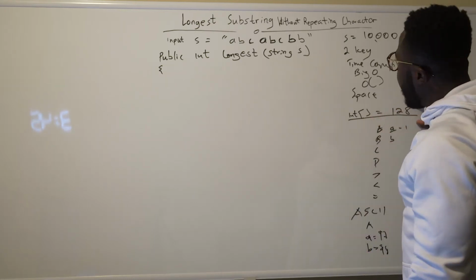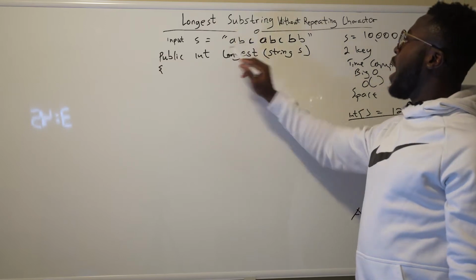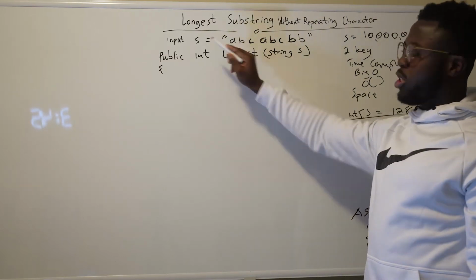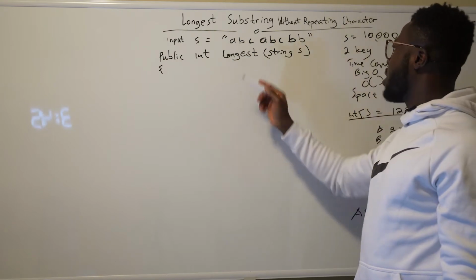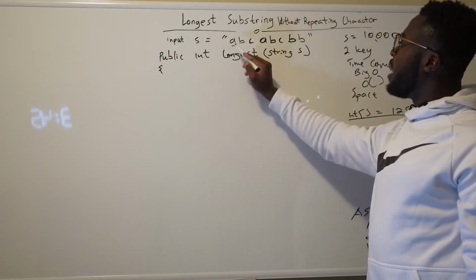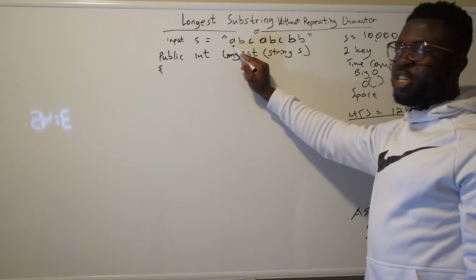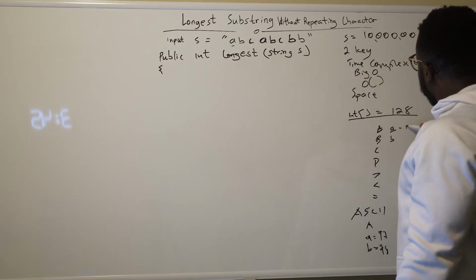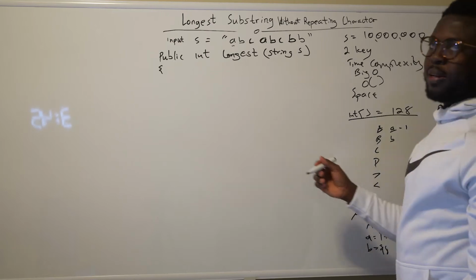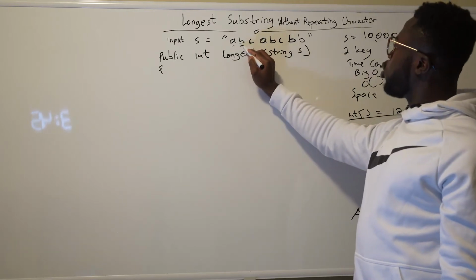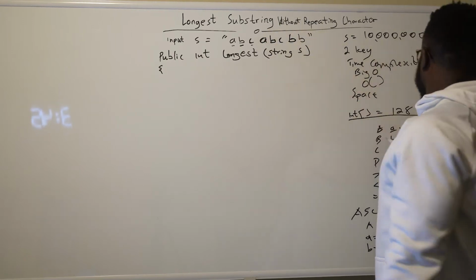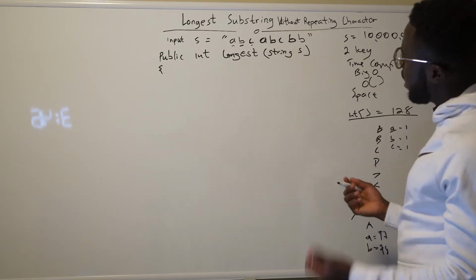So we have this space, then afterwards we start iterating through the input that has been given to us. We start from index 0, which is A. We increase that. We go to B, we increase that. We go to C, we set that.